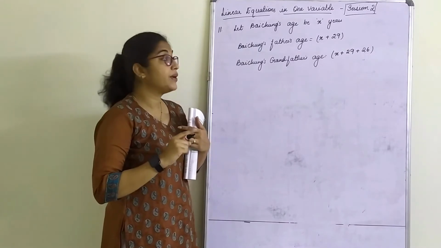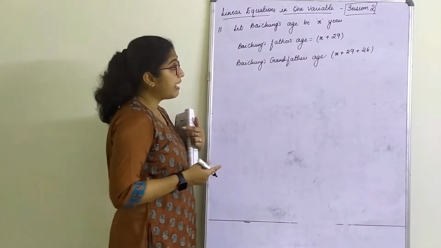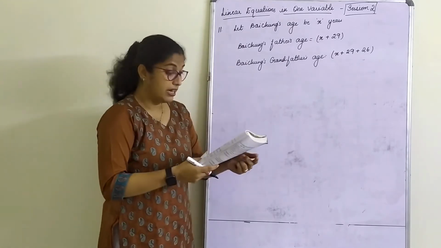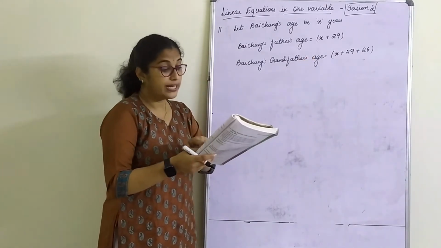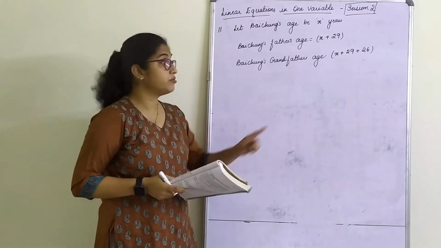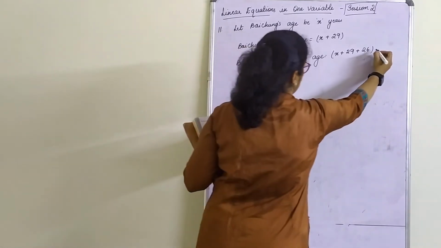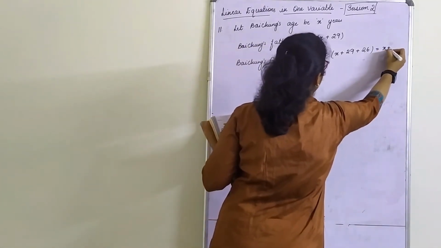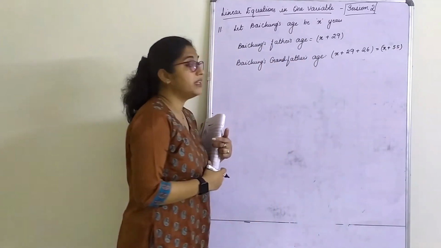Baichung's father is 29 years older than Baichung. Then Baichung's grandfather is again, according to them, 26 years older than him, but 29 years older than Baichung. So that will be x plus 29 plus 26. That is nothing but x plus 55. Once you get the equation, it's very simple.